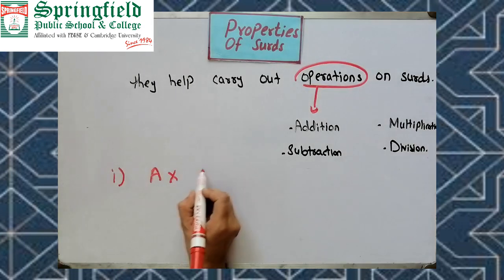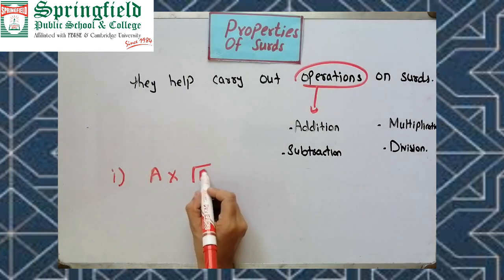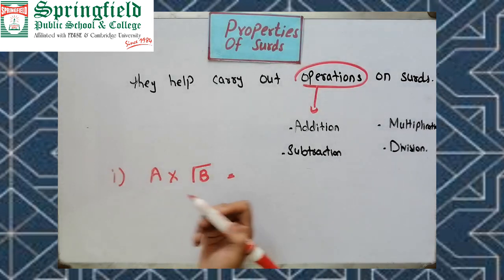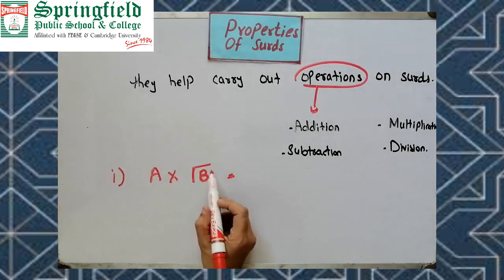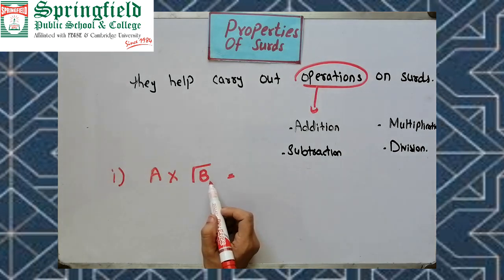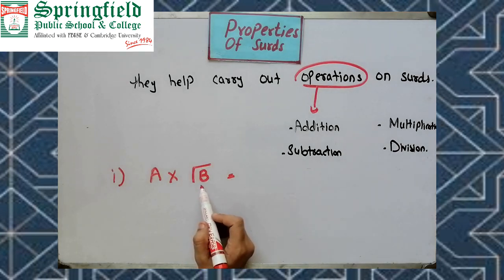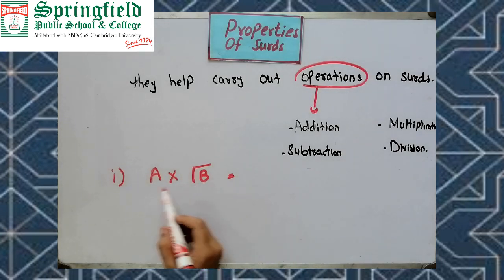A multiplied by the square root of B, where A is a whole number and the square root of any third number. But how can we solve this property?